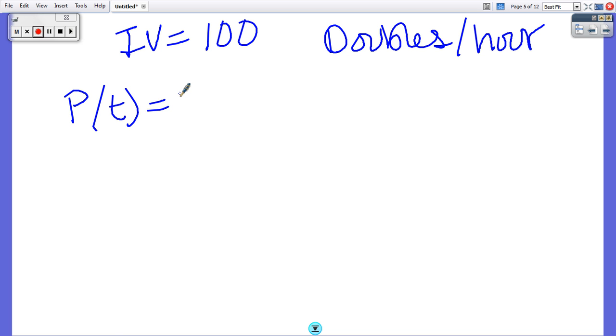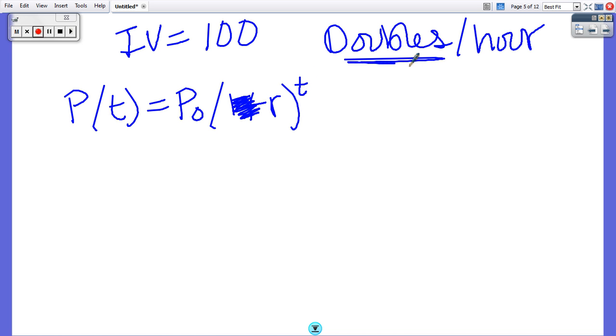P of t is equal to the initial value times the rate to the t.